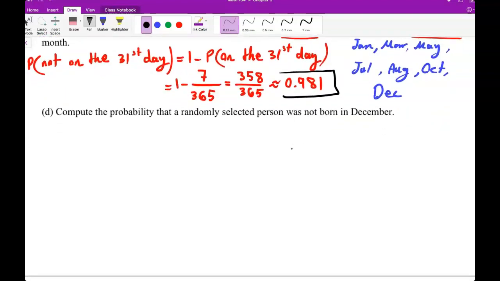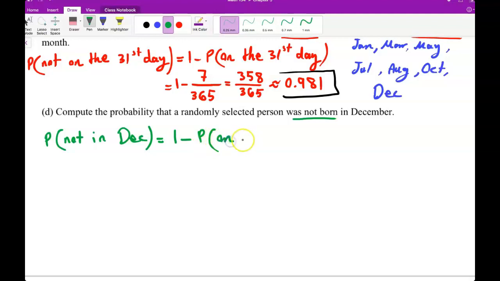Part D, compute the probability that the randomly selected person was not born in December. Again, not. So it's not in December. You should subtract 1 minus probability of December.